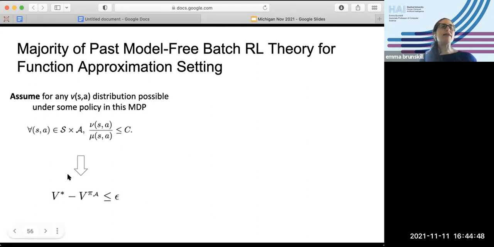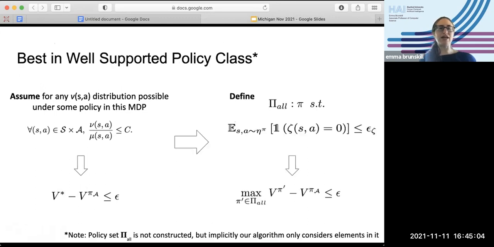Compared to prior theory, which had to assume that your behavior policy covered everything, and then you would compare the resulting pi that you get from that algorithm to pi star and show that it was close, what we said instead is, we're going to implicitly think of there being a policy class which is covered by the data you have. So you have some data, and that provides support for evaluating a number of different policies. And we want to compete with the best policy in that class.